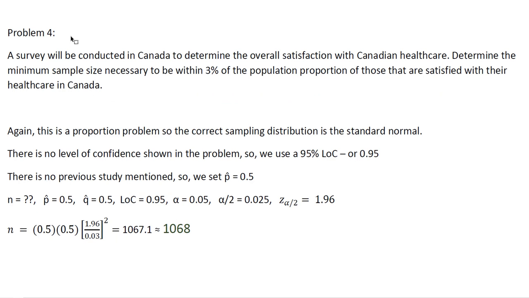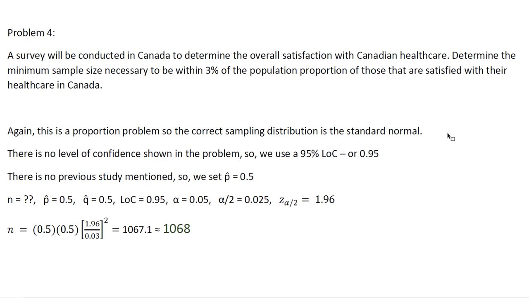Problem 4. A survey will be conducted in Canada to determine the overall satisfaction with Canadian healthcare. Determine the minimum sample size necessary to be within 3% of the population proportion of those that are satisfied with their healthcare in Canada. Again, this is a proportion problem, so the correct sampling distribution is the standard normal or the Z distribution.